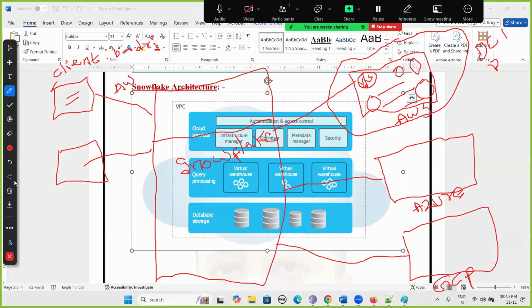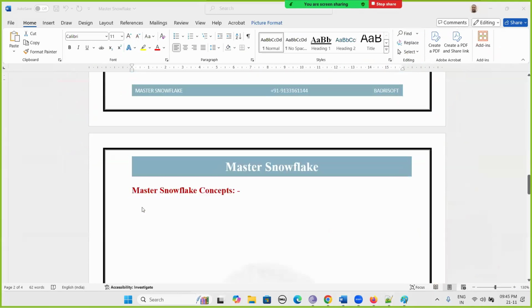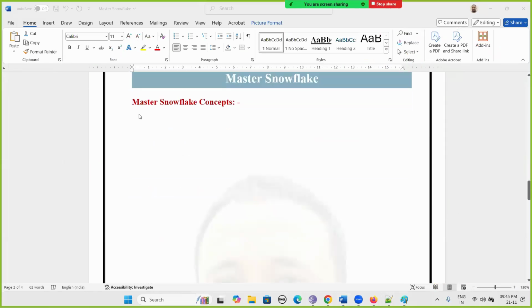Now let's see one more important point. What are we going to cover as part of the Snowflake course? First, we start with the Snowflake introduction. Next, SQL for Snowflake. To learn Snowflake, SQL is mandatory.